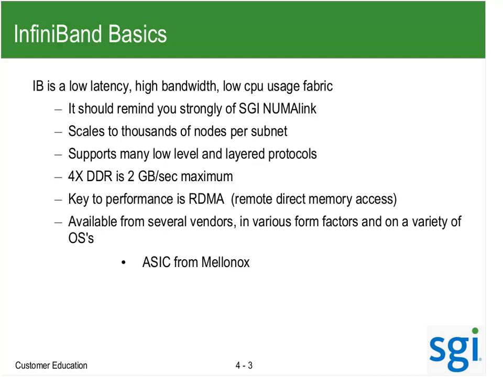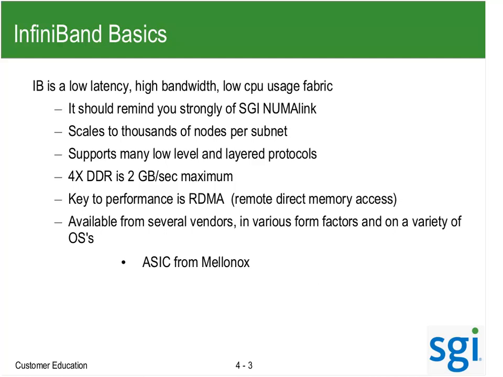For example, putting together a large UV system, we can put technically 4,096 CPUs in a single system image. That's what SLES is supposed to support, but there's still some scalability issues being worked out there. But if I want to go larger than 4096, then they're all going to be hooked together as a cluster. I do expect to see ultraviolets in clusters all the time as well. And then they're going to use NumaLink instead of InfiniBand. Scales to 1,000 nodes per subnet, so our largest system, Pleiades, NASA Ames. Sounds familiar.